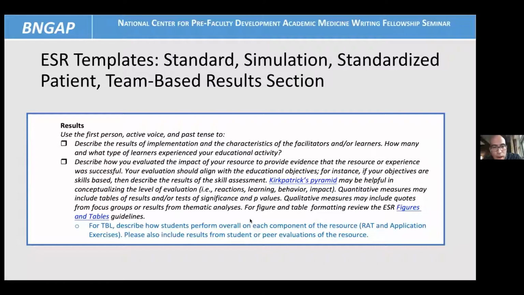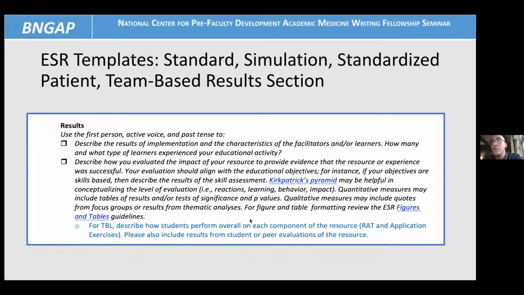If you read this here on the screen, it specifically wants you to describe how you evaluated the impact of your educational resource, to provide evidence that the resource or experience was successful, and that your evaluation should align with your educational objectives. And in particular, if your objectives are skills-based, describe the results of the skills assessment.